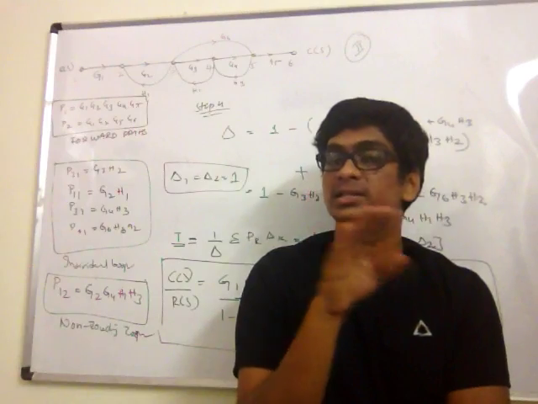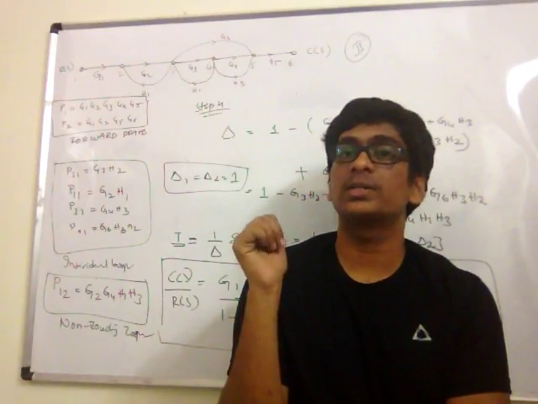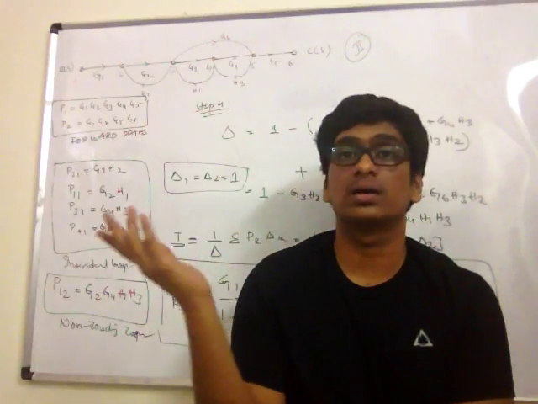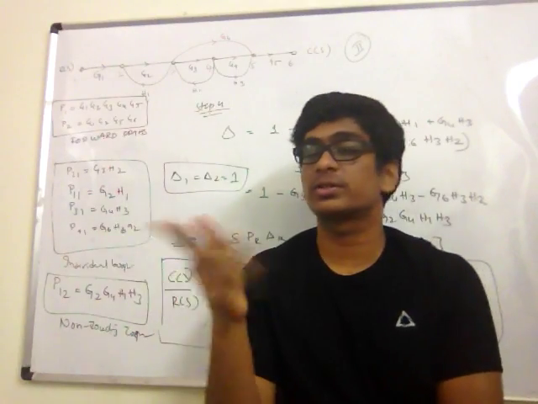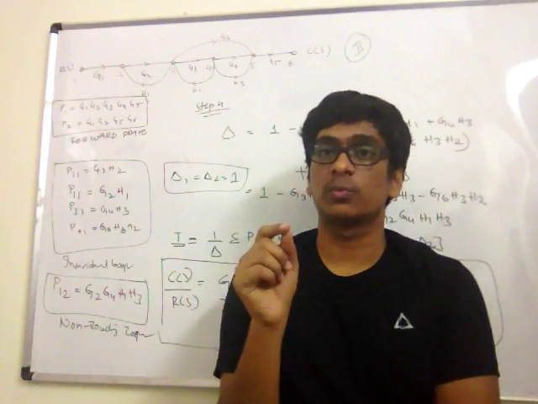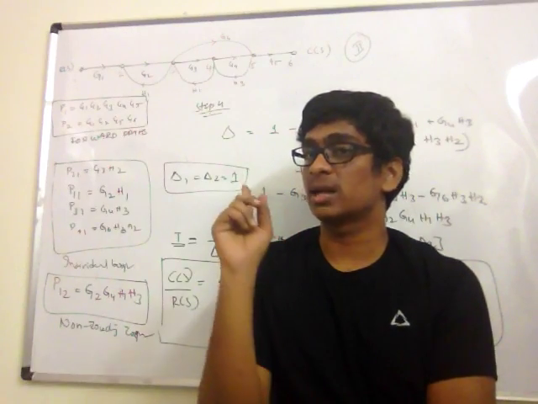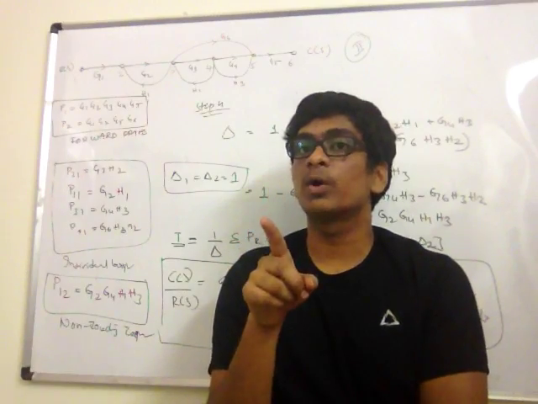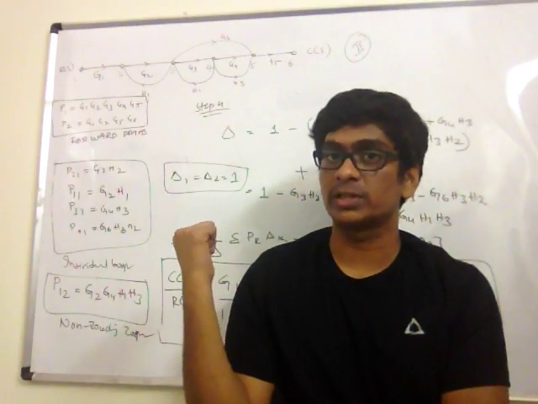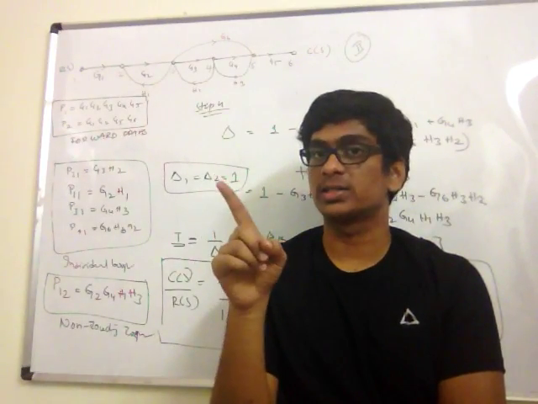So that is step 3. Step 4. Calculate delta, delta 1, delta 2, and so on. However many forward paths you have, those many delta 1, delta 2, delta 3, and so on. Delta is nothing but 1 minus the sum of the gains of individual loops plus the sum of the product of the gains of non-touching loops. So that is delta, all done. So that is step 4.